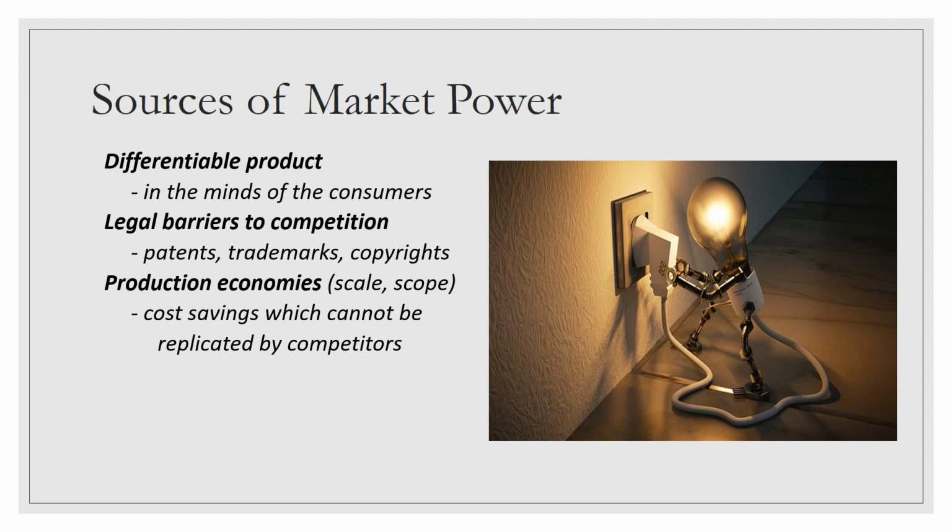We are able to employ other technologies at high levels of output that we can't apply at low levels of output. They're relatively expensive fixed costs, high fixed cost technologies that if I'm able to take that technology and use it for lots of units, I can spread those fixed costs across lots of units and the per unit cost gets lower. So there are some production economies out there.